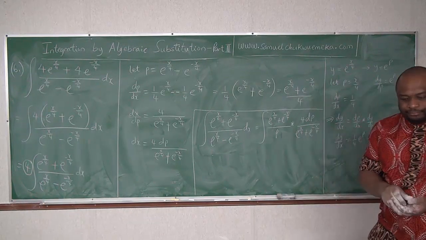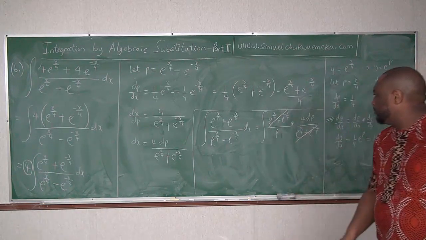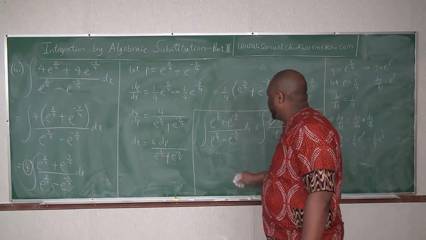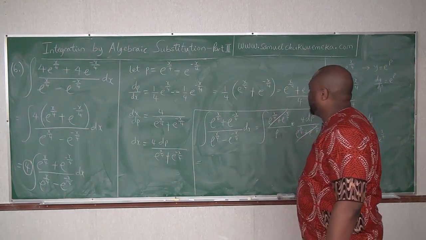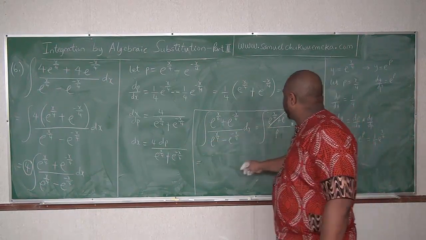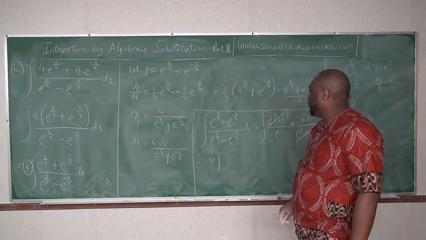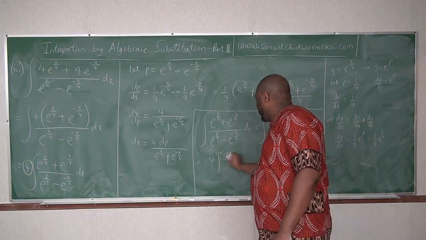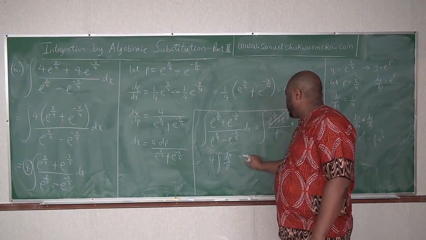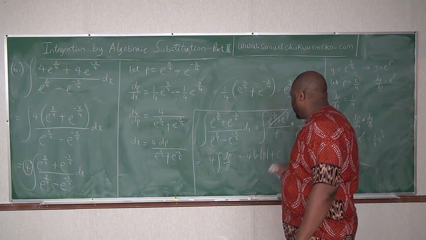See that? Now we cancel. Bam, bam. So now we have, folks, let's bring out this 4. 4 dp over p, which is 4 ln absolute value of p plus c.